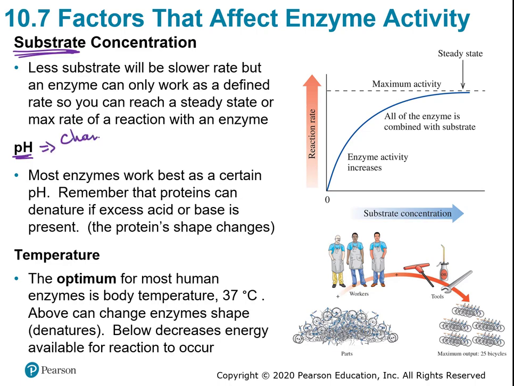Remember, changing the pH changes the amount of hydrogen ions, that H3O plus or just H plus. And if you change the ions around the enzyme, the result is that it can change the shape of the enzyme.